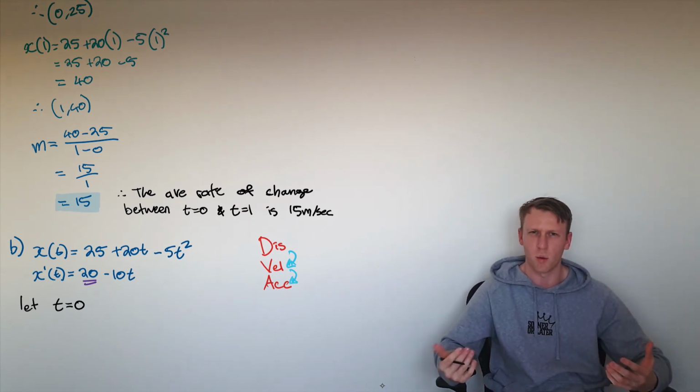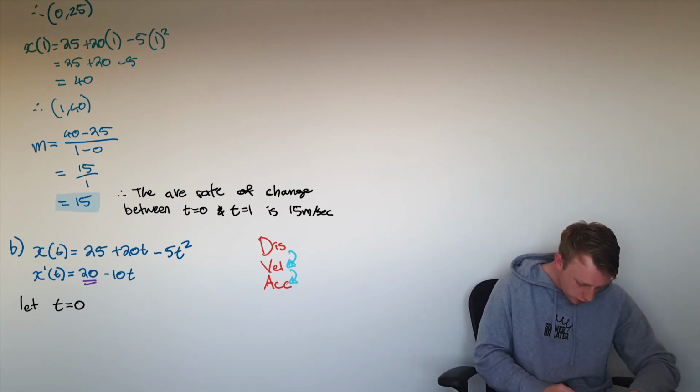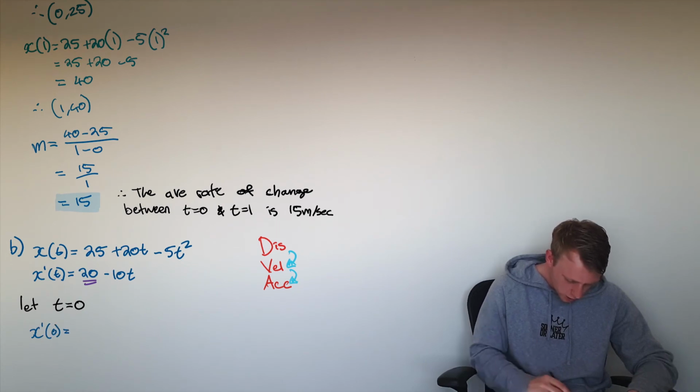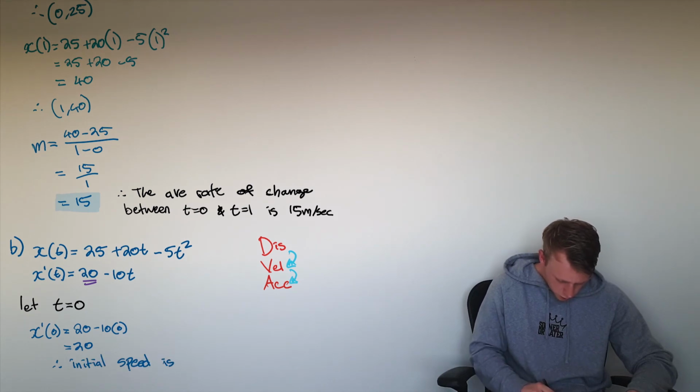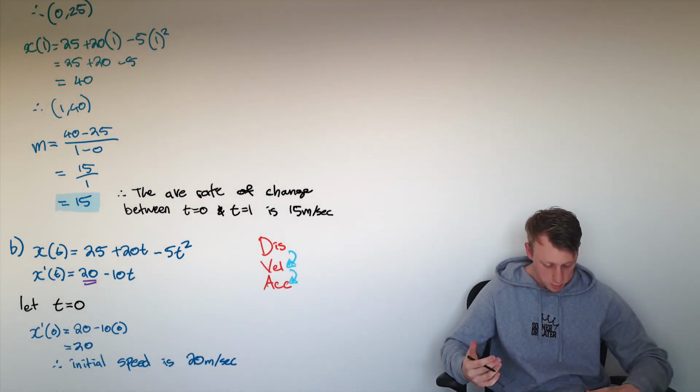That's that y-intercept value. But to do it rigorously, you would substitute in the point 0. And so x prime of 0 is equal to just 20 minus 10 times 0. So you'd say it's equal to 20. Therefore, initial speed is 20 meters per second. So initially, that's how fast the basketball is moving.